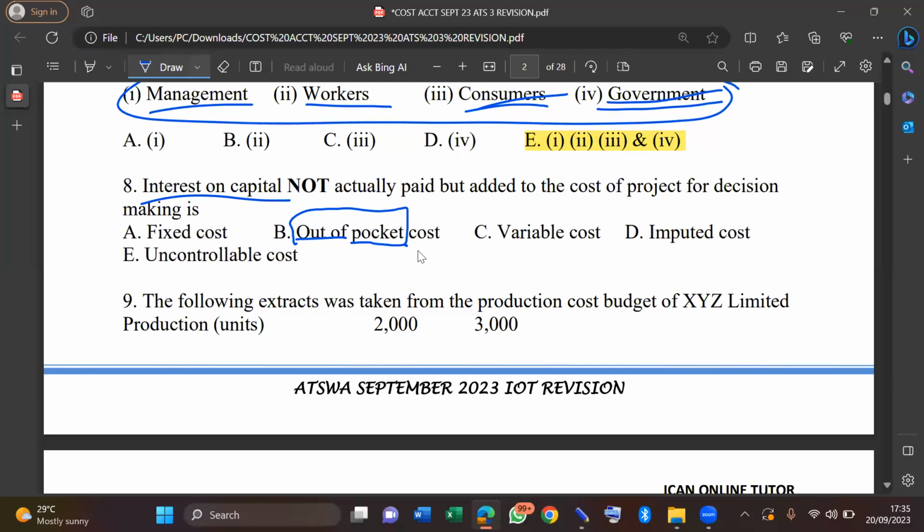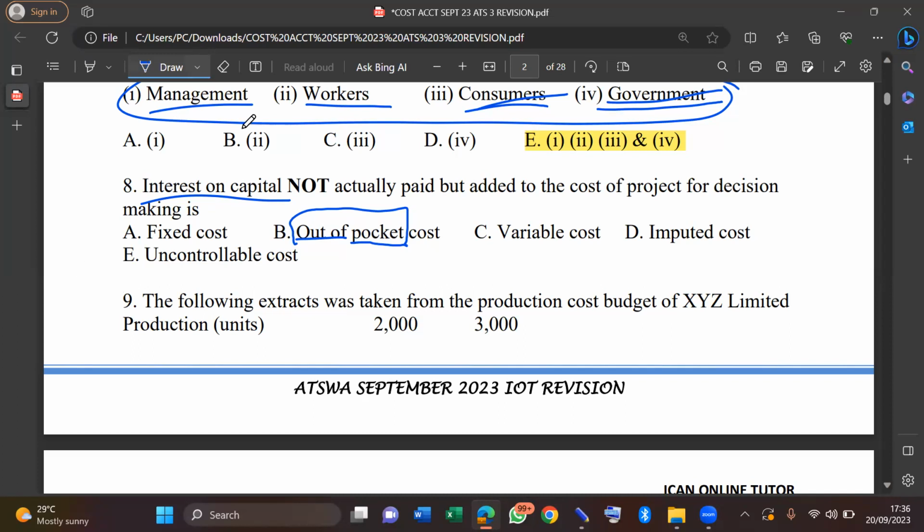For example, inflation. When you are buying your raw material at a higher price, you cannot control that. The only thing you can control is to minimize the wastage, or reduce the consumption of that material, and try to maximize your productivity.